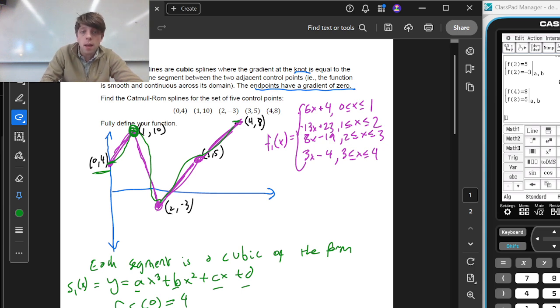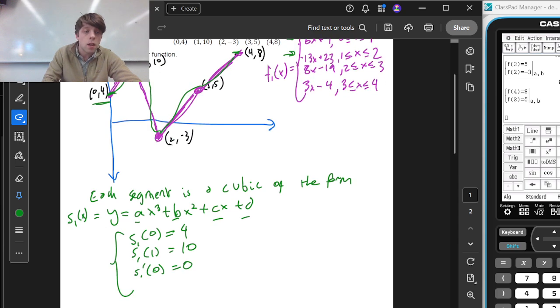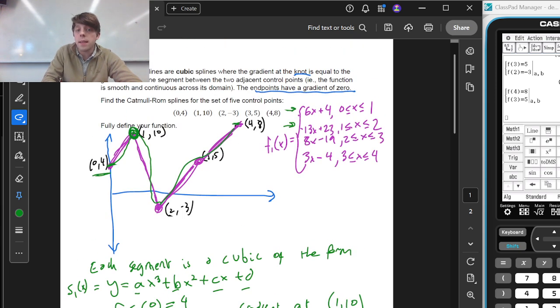So if we consider the two pink lines on either side of this spline, the gradient of the first line is 6, and the gradient of the second line is -13. So we want the gradient at the endpoint, at x equals 1, to be the average of 6 and -13, which are the gradients of the lines on either side.